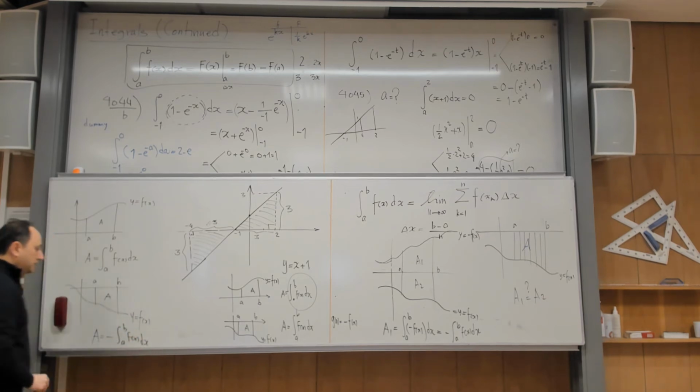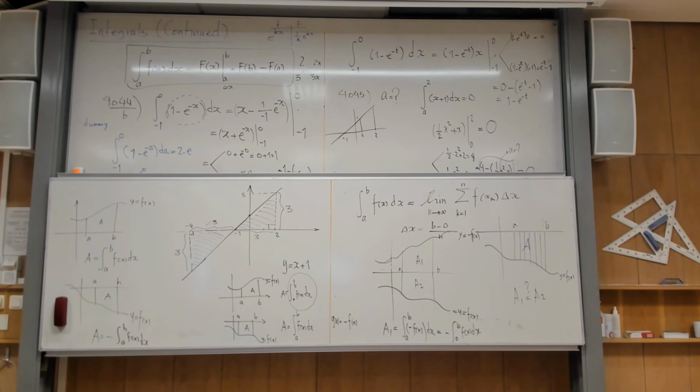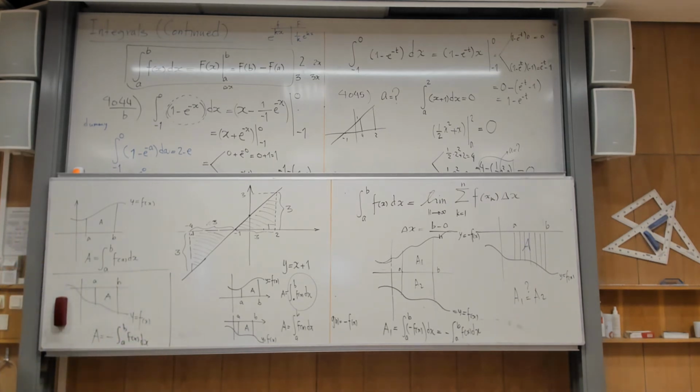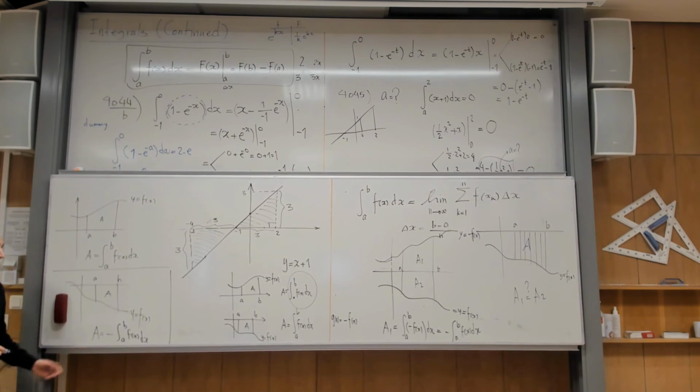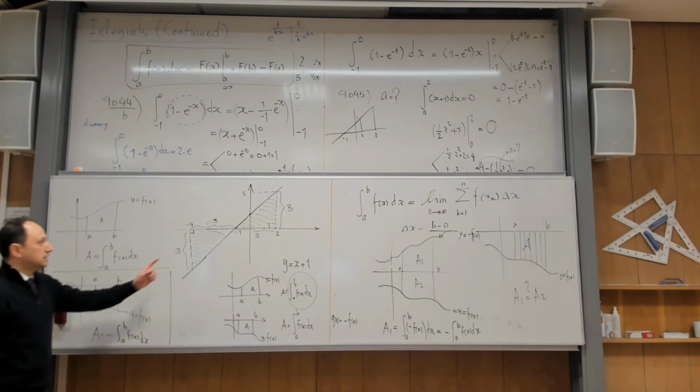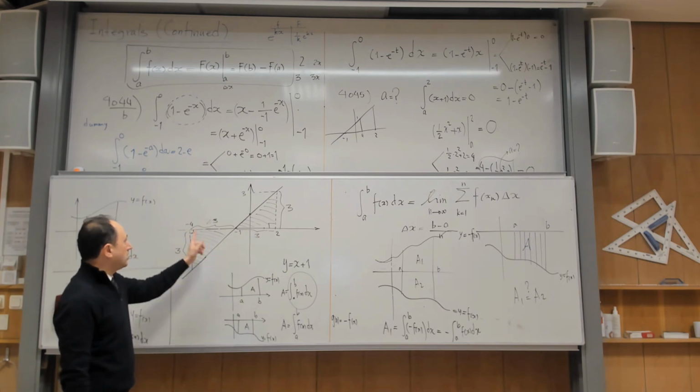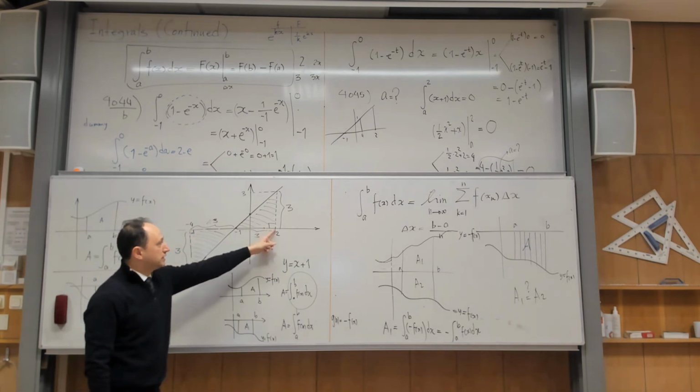But still, we can use the integral to calculate this area. But you have to respect the difference. Okay, now if you see here, when you calculate the integral from -4 to 2, what happens?